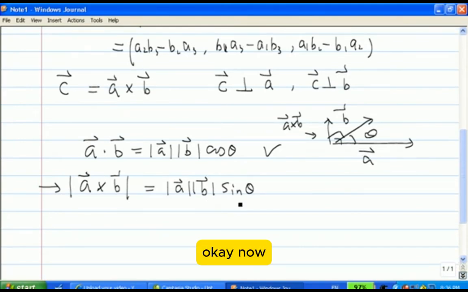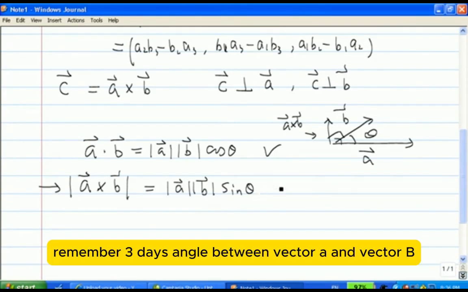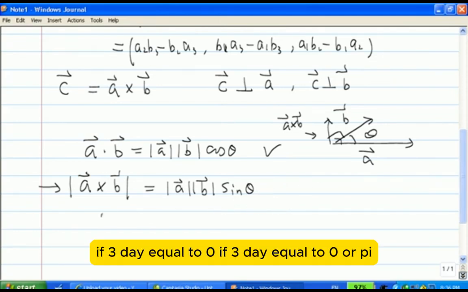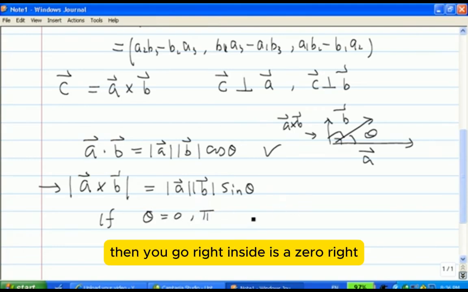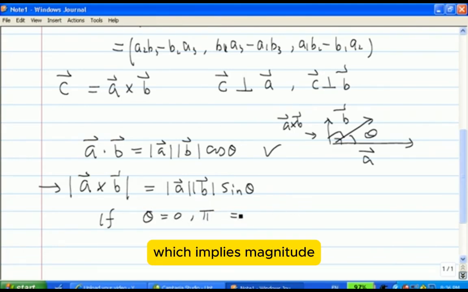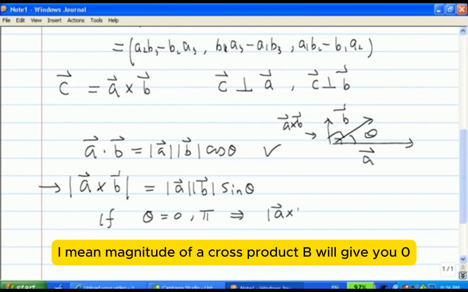Now remember theta is the angle between vector A and vector B. If theta equals 0 or pi, then your right hand side is 0, which implies the magnitude of A cross B will give you 0.